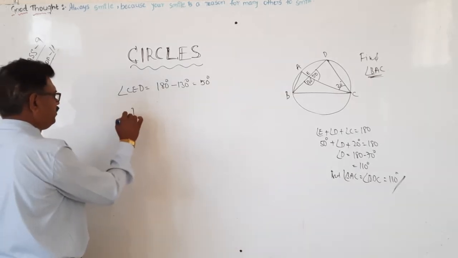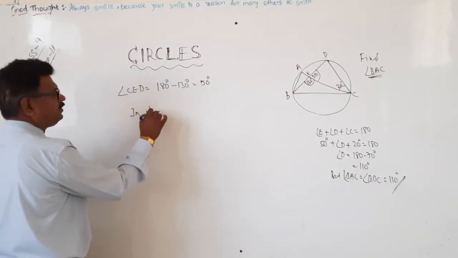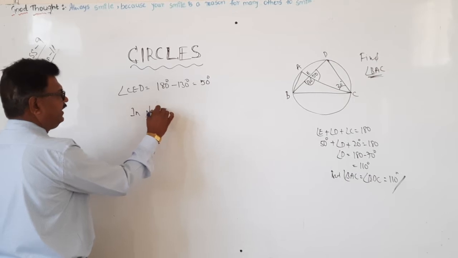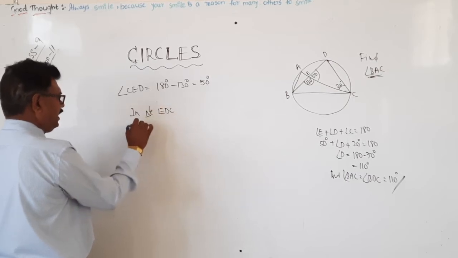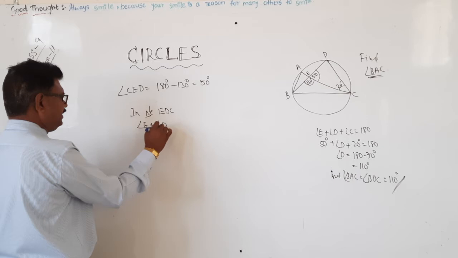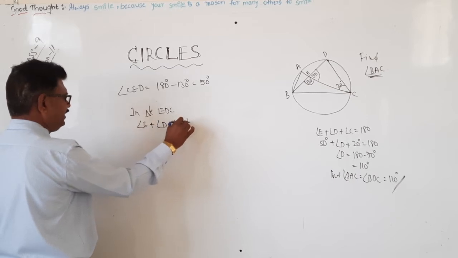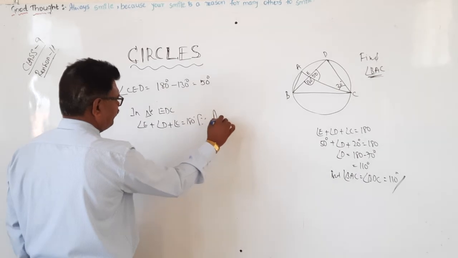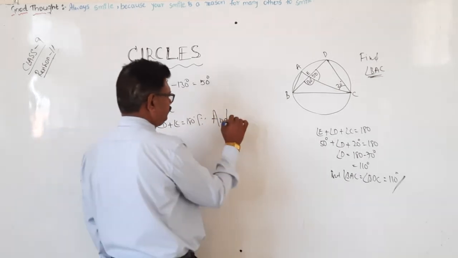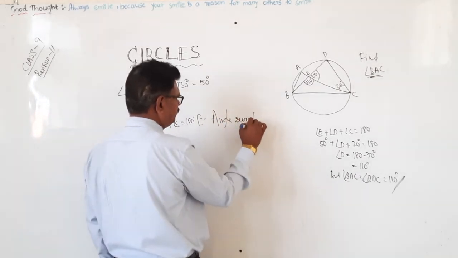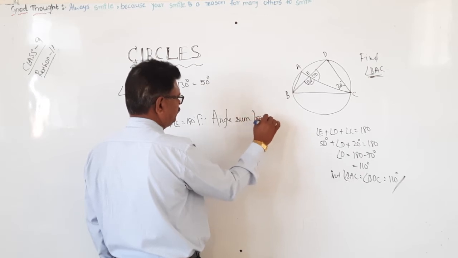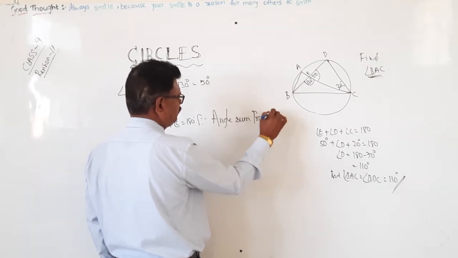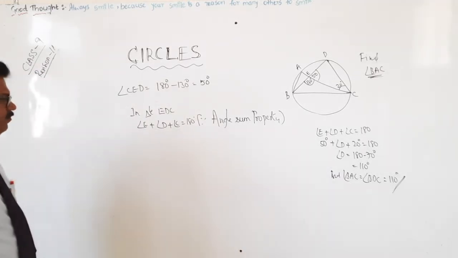Now in triangle EDC, angle E plus angle D plus angle C equals 180 because of the angle sum property.